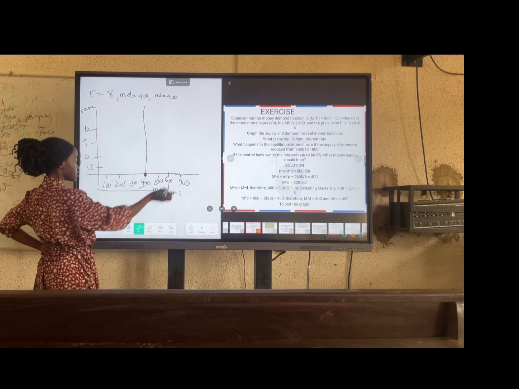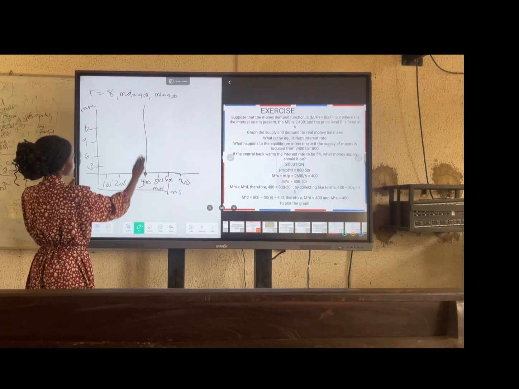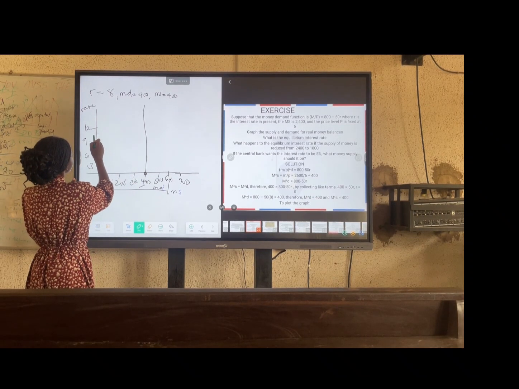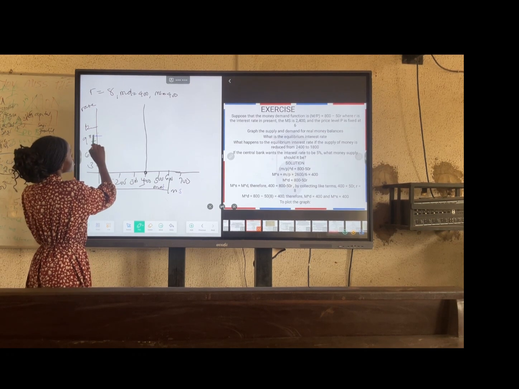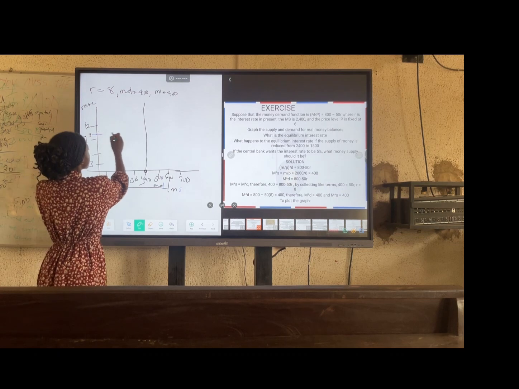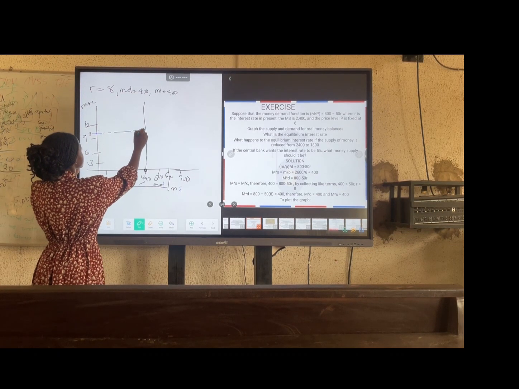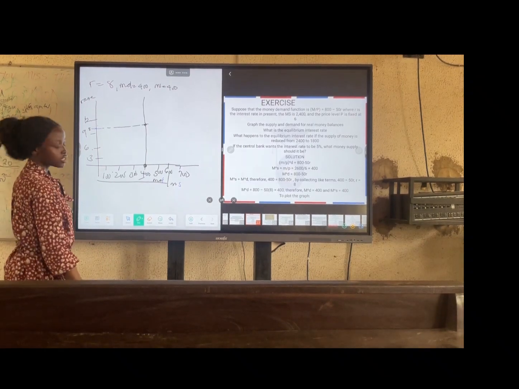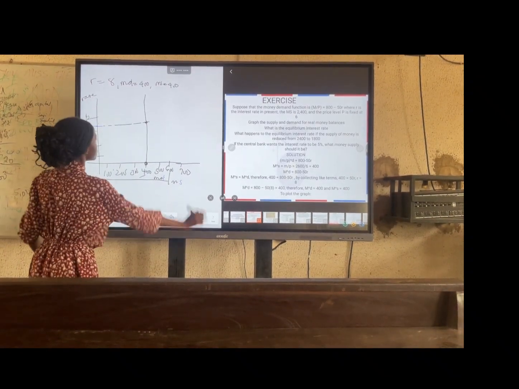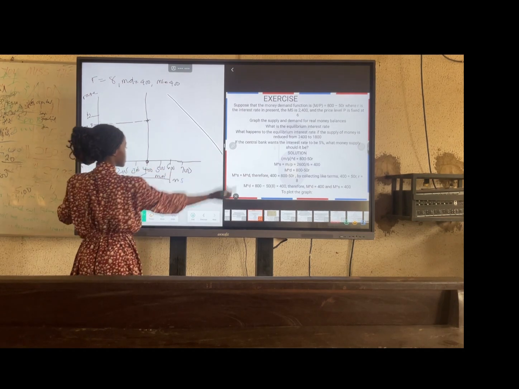The money supply is fixed, so it will just be fixed at 400. Let's assume it to be here. So the slope for the curve is meant to be something like this.